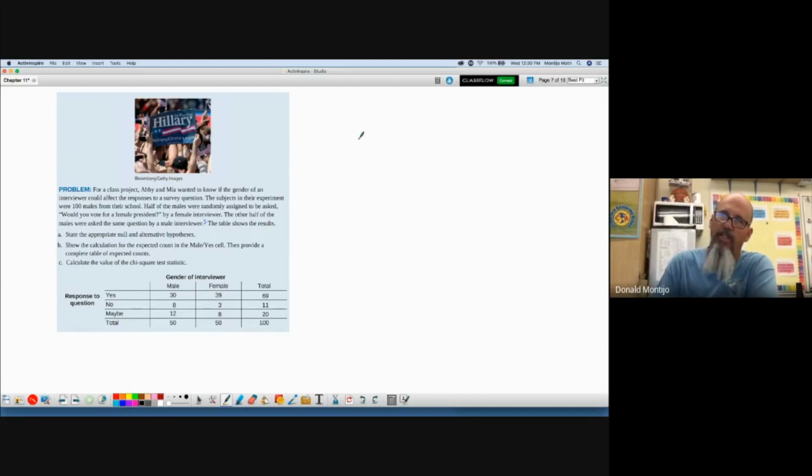So they want us to state the null and appropriate hypotheses first. So remember, the null is always there is no difference. So in this case, the null hypothesis would be there is no difference. No difference in what? Remember, we need context to every problem.